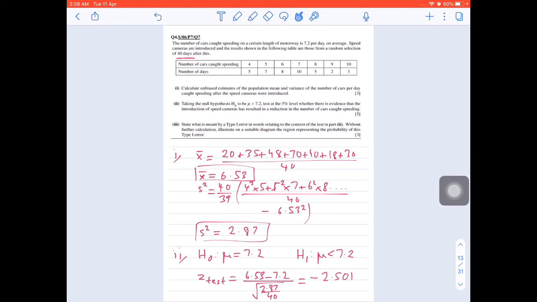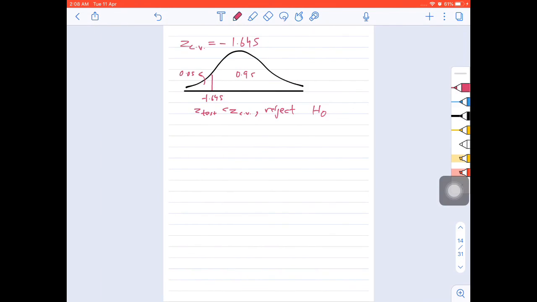So type 1 error means that actually the mean remains 7.2. However, the conclusion drawn is that there is a reduction in the mean. And illustrating on a diagram, this is a normal curve.